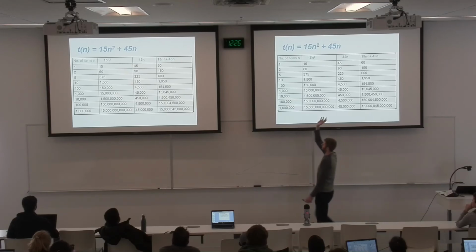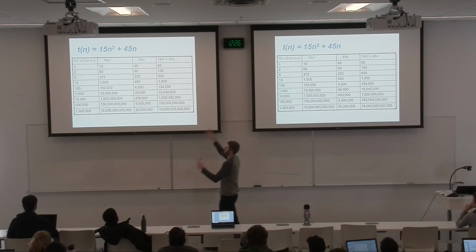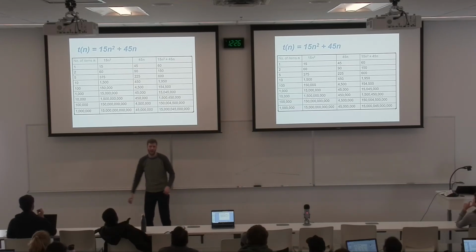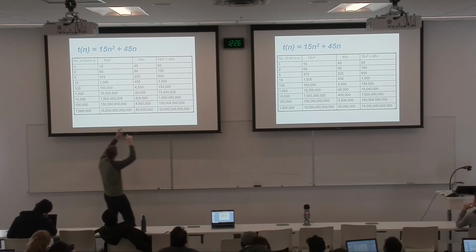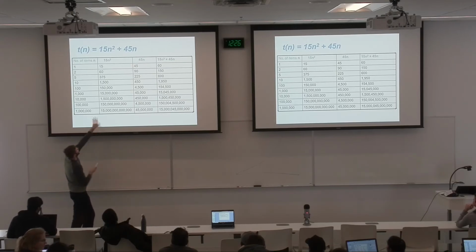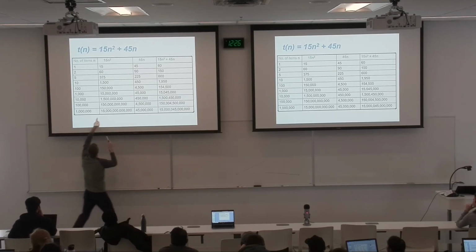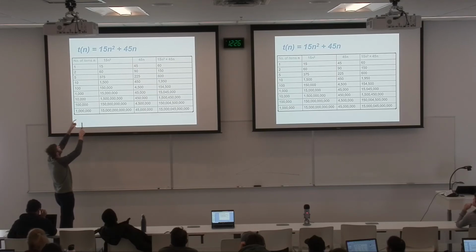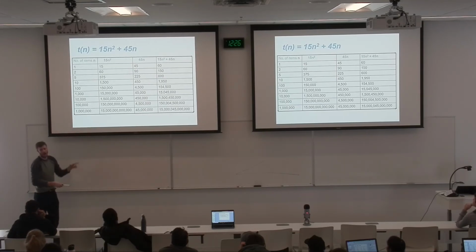Here's a table. The left column is n, and I'm increasing n as I go down. Then I've broken up t of n, which is 15n squared plus 45n, into its pieces. When n is 1, 15n squared is 15.